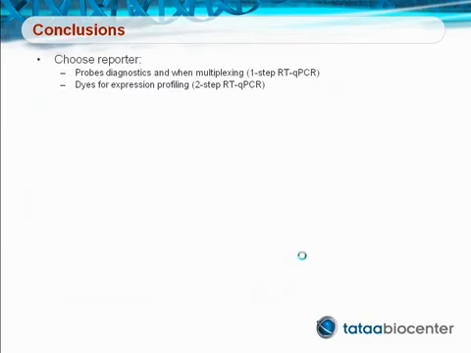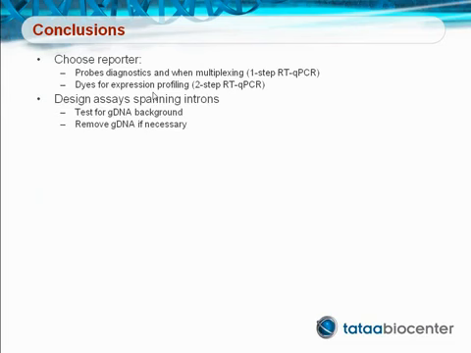In conclusion, probes are preferred for pathogen diagnostics when multiplexing is required and for one-step RT-qPCR protocols. Dyes are suitable for expression profiling, particularly at screening stage when many markers are tested. Be aware that many assays designed to amplify transcripts also amplify genomic DNA.